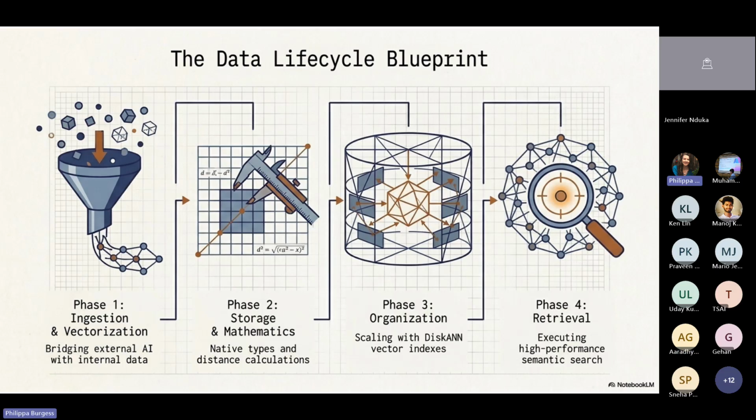Okay, just tell me when to move it. Okay, if you can pick up here, that'd be great. So what I see in front of me is the data lifecycle blueprint. Yep.